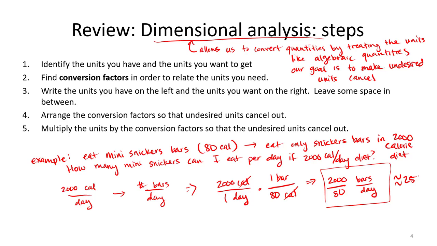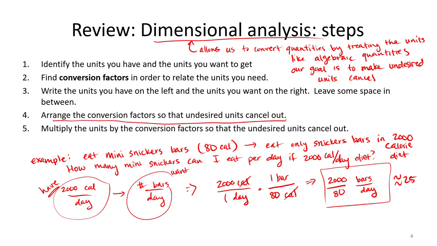So that's an example of dimensional analysis. And basically the steps we want to do here are identify the units that we have and the units that we want. And then we give ourselves some space and try to arrange conversion factors to make the undesired units cancel.